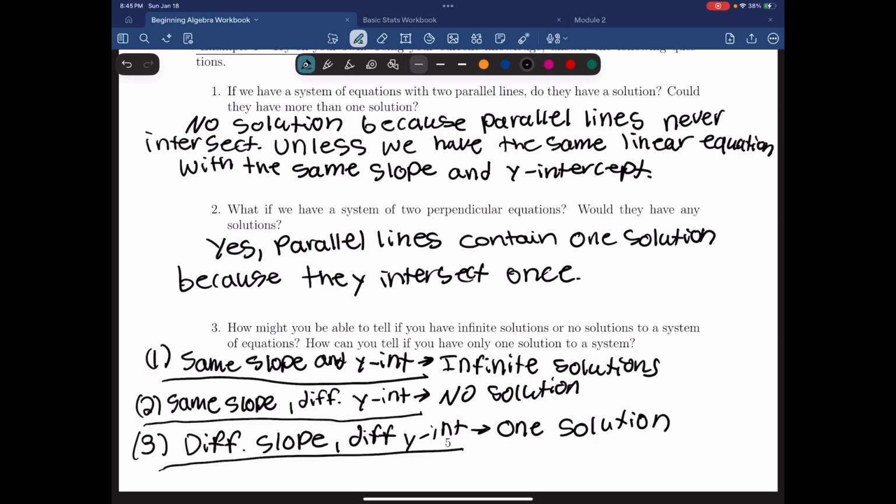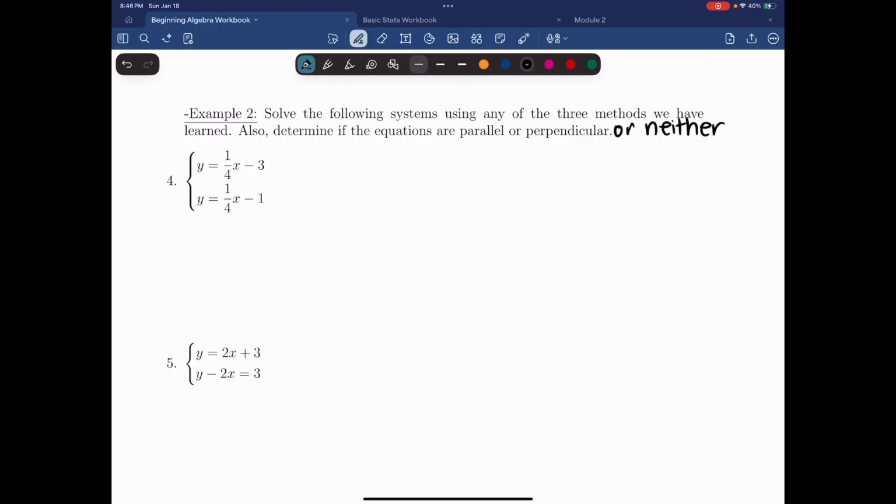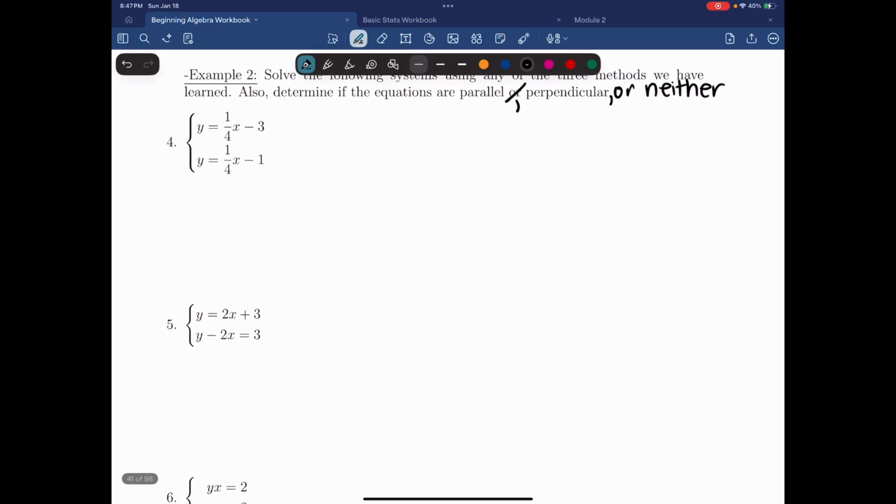All right, so let's start by working. For example 2, we are told to solve the following systems using any of the 3 methods we have learned. Also determine if the equations are parallel, perpendicular, or neither. So looking at example 4, we have y equals 1/4 x minus 3 and y equals 1/4 x minus 1.